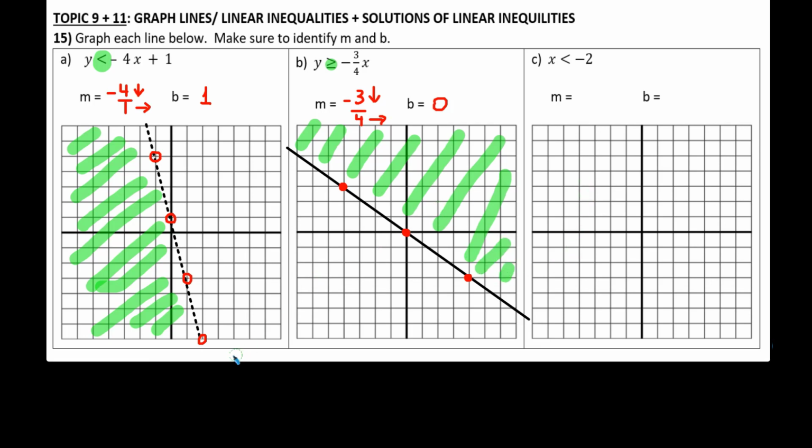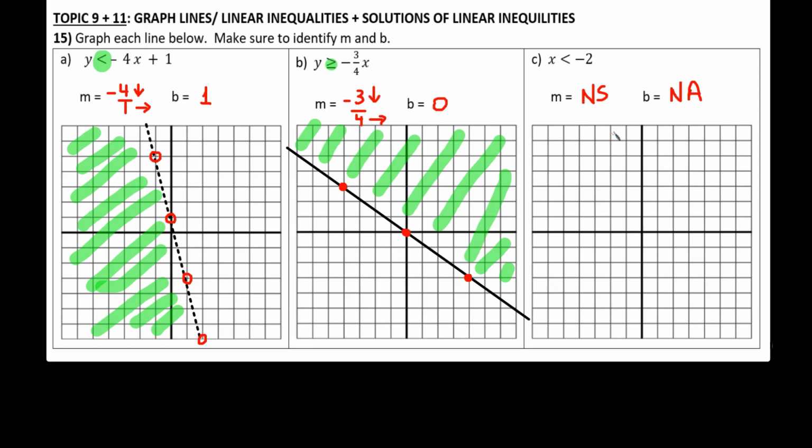Next problem, we have x with a number by itself. So remember, this is a special case where the slope is no slope and the y-intercept is not applicable. So that means in order to draw this graph, you're going to go on the x-axis and look for -2.